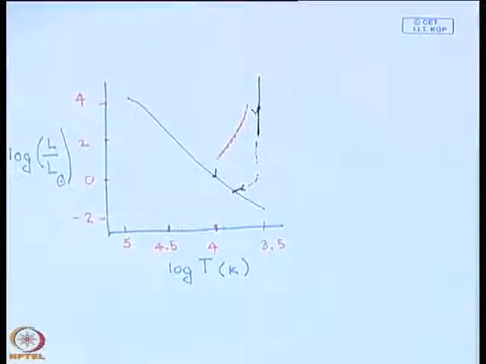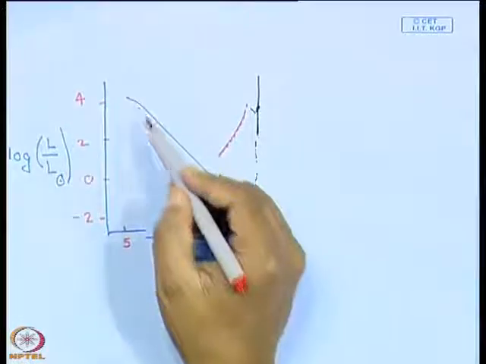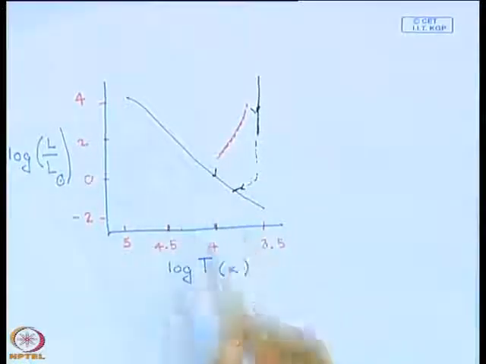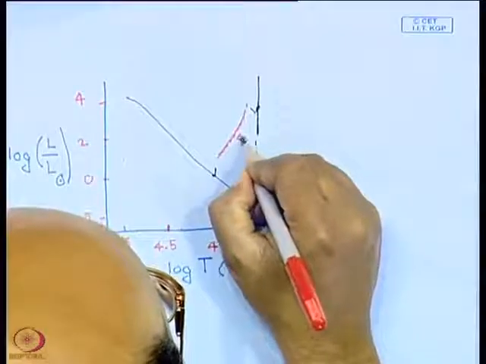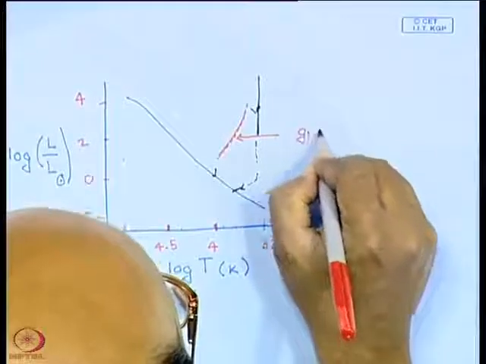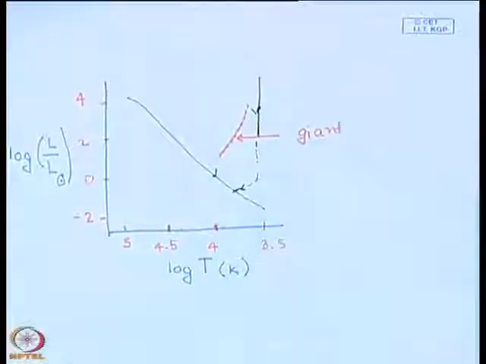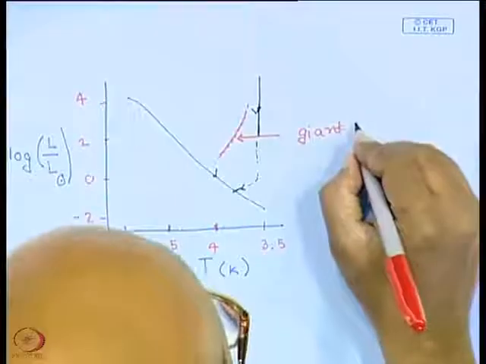This is a red giant. Okay. So, the star leaves the main sequence and becomes a red giant. The inner part of the star has collapsed, the outer part has expanded, it has cooled, but it has expanded so much that its luminosity has gone up. Okay, so this is what is called the giant branch, the red giant branch.